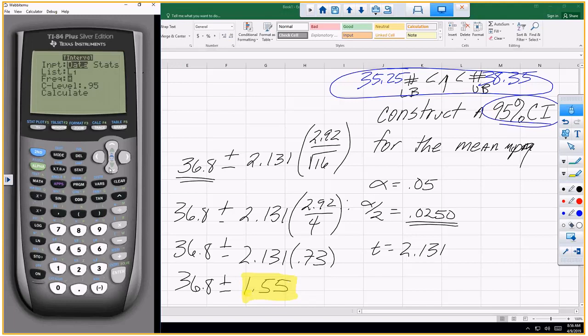Frequency is usually 1, and then 0.95. The only thing you're really going to change is 0.95. You could leave the data in L1 and do another question in L2 and change that to L2, but usually the 0.95 is the only thing you're going to change.